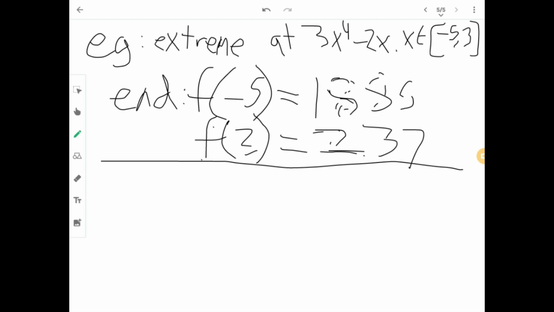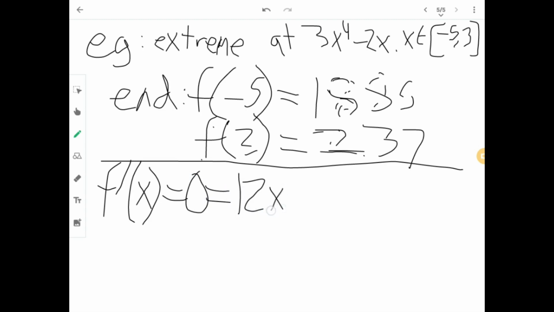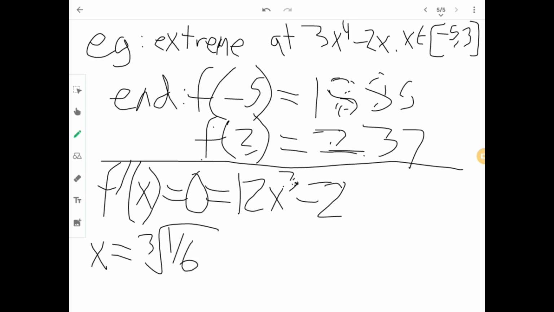You have to check critical points where f prime of x is equal to 0. And the f prime is 12 x cubed minus 2. And the x values for that are the cubic root of 1/6, and that's the only one.